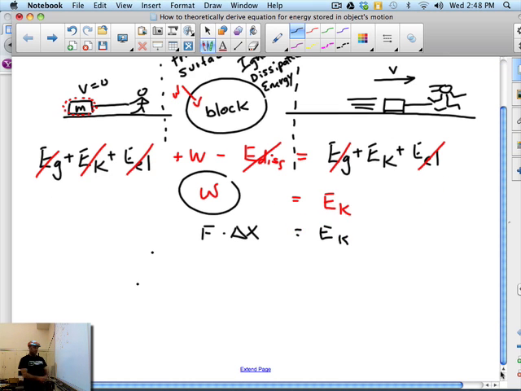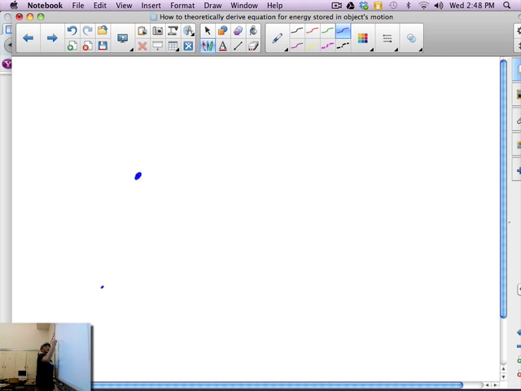Okay, let me take this. Okay, is that the tension? This is the tension. If I do a force diagram for my object, weight, normal, tension. Would you folks agree?